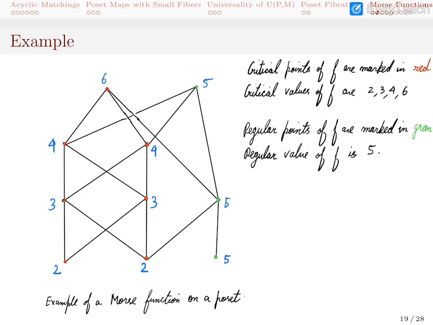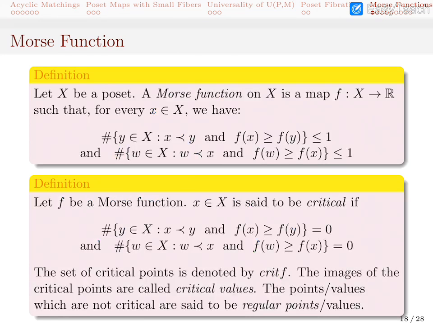And these green points are regular ones. For example, if you take this middle one, the value is 5, and its successor and its predecessor both have value 5, so this condition holds. In fact, regular means this condition doesn't hold, rather.